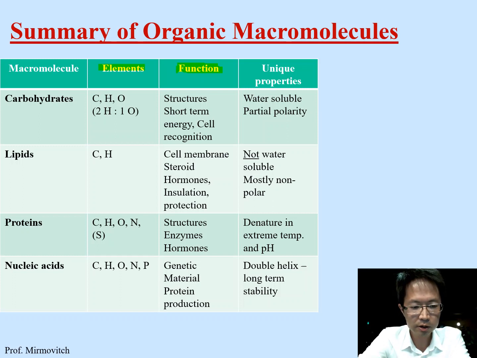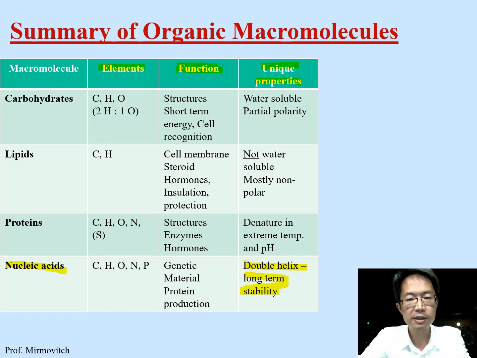Because here you said nucleic acid, you did not specify it is DNA. But here it specified it is DNA double helix for long-term stability. So if you didn't get the unique property, it's totally okay. It's not very clear in the unique properties because it didn't specify a lot of stuff.